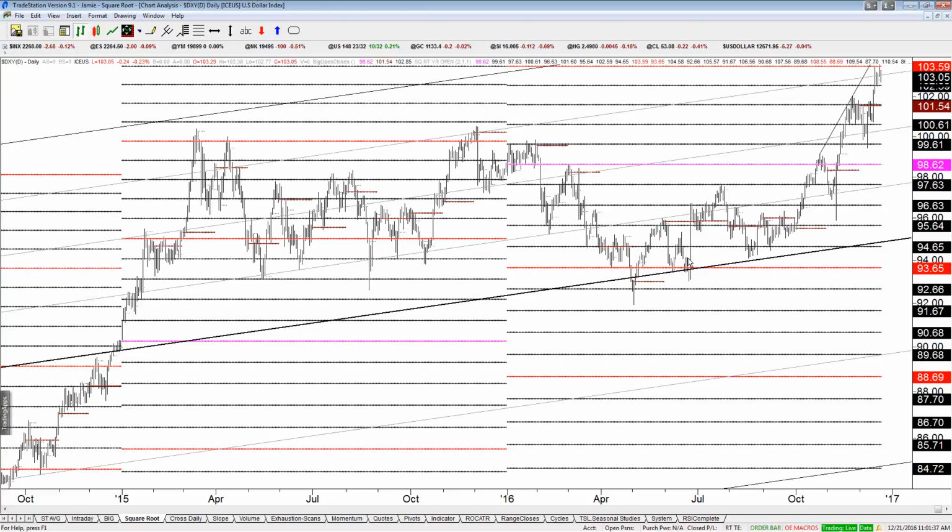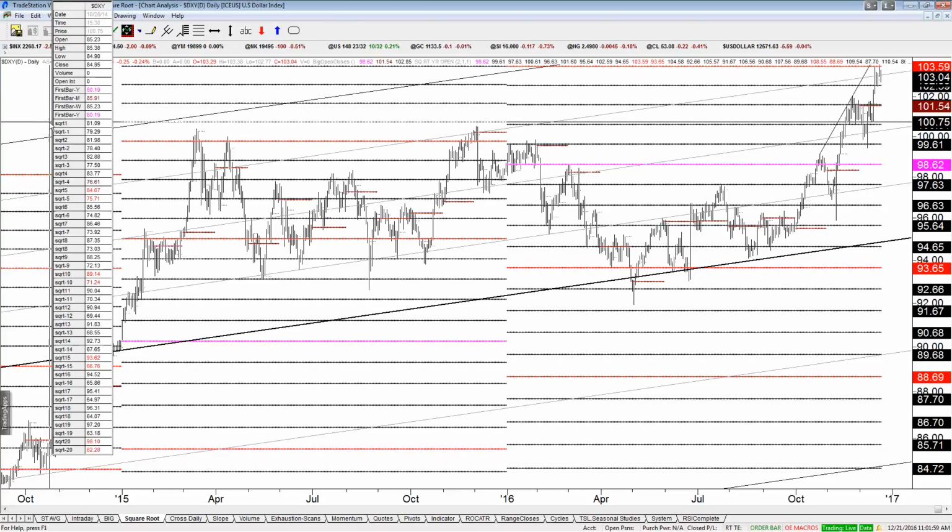So the square root progressions, I'm doing it off the year open. I know some traders, Gann traders, will do square root progressions off of, say, a major high or a major low. That does leave some subjectivity because you are really having to decide what's the major high or what's the major low.